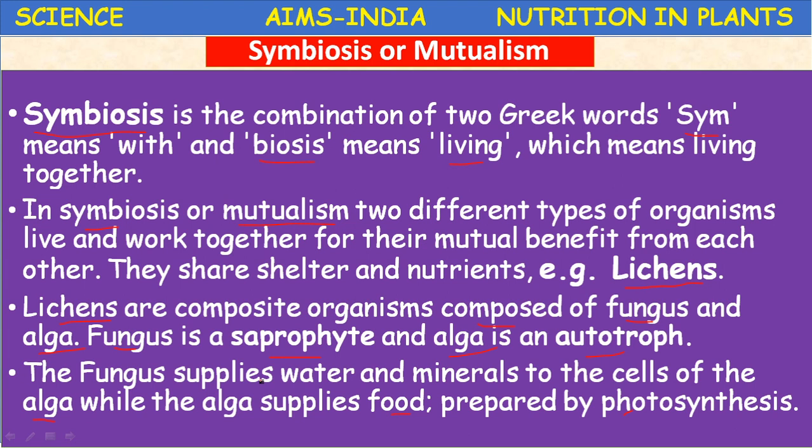For the preparation of that food, water and minerals are required, which are supplied by the fungus. After the completion of photosynthesis, that sugar or starch is absorbed by the fungus, so they live together. Actually, these lichens are present near the seashores.